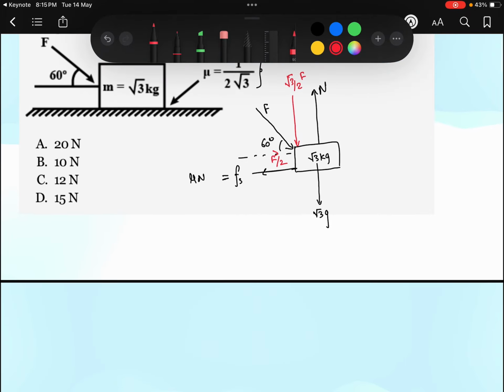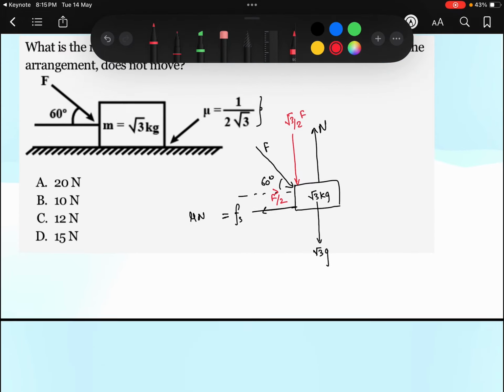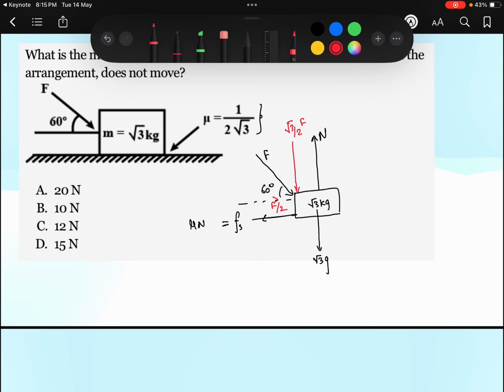In the vertical direction, since there is no motion, this block will be in equilibrium. Then if I write the equation, upward force will be equal to downward force. That means normal force will be equal to √3 by 2 F plus √3 into g. Okay, let me say this is equation number 1.